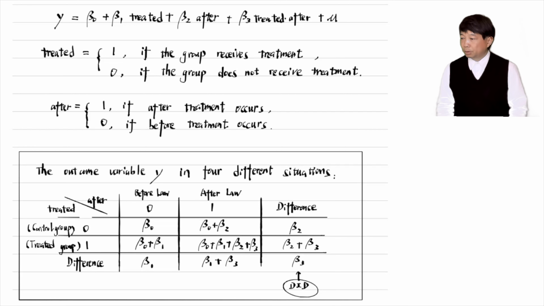Please refer to topic 34 for detailed information about the difference in differences measure and how to read this table. I have attached the link to that video. The difference in differences is beta 3, which is the ceteris paribus change in the outcome due to the treatment.